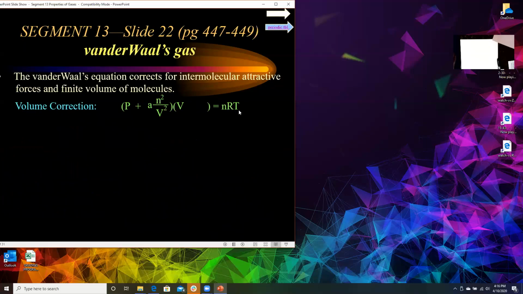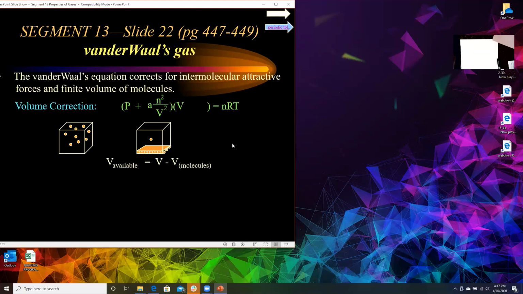Now let's make a correction for the volume term. Okay, that one's really easy. I've got all these molecules in the container. I compressed them down to that little layer in the bottom. So the volume available to this molecule in the container is going to be the volume minus the volume of these molecules.